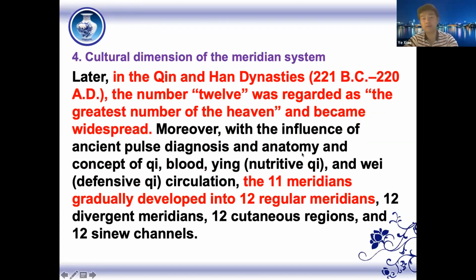Later in the Qin and Han dynasties, the number 12 was regarded as the greatest number of the heaven and became widespread. Moreover, with the influence of ancient pulse diagnosis and anatomy and the concept of qi, blood, yin, and wei circulation, the 11 meridians gradually developed into 12 regular meridians, 12 divergent meridians, 12 cutaneous regions, and 12 sinew channels.